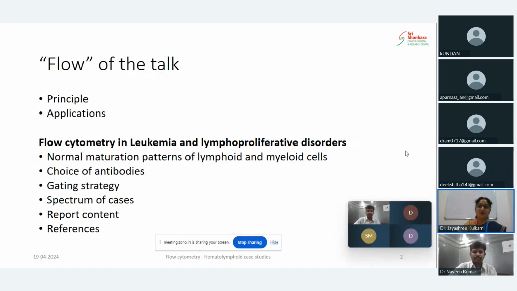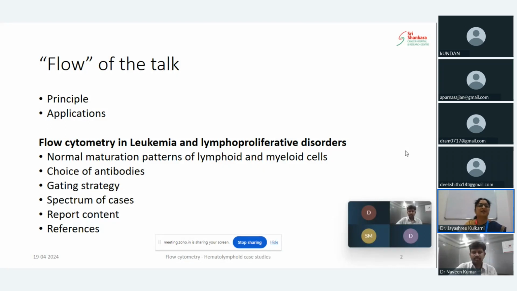The flow of my talk will be touching upon the principles and the applications of flow cytometry, in particular in leukemia and lymphoproliferative disorders. In sequence, I will cover the normal maturation patterns of the lymphoid and myeloid cells, because that is a basic thing which we need to know before we can start interpreting any flow cytometry.